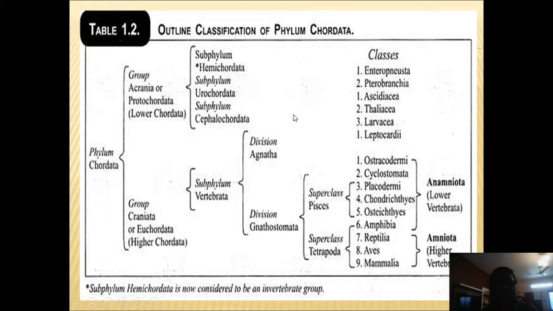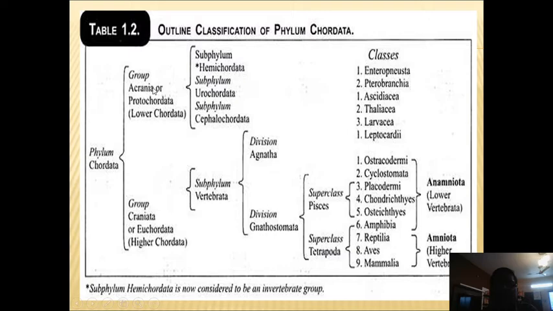This diagram shows the classification of chordates. Phylum Chordata is divided into two groups. One is the group Acraniata, also called the protochordates or the lower chordates. The second group is the Craniata, or higher chordates.